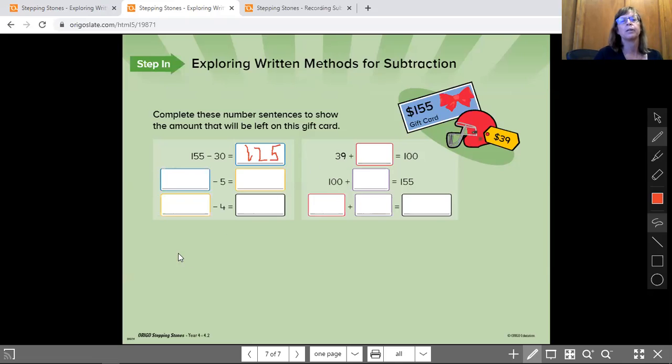I'm sure I'll get better at this. Okay, now we've got 125 minus 5. And that will give us 120. And then we've got 120 minus 4 is 116.